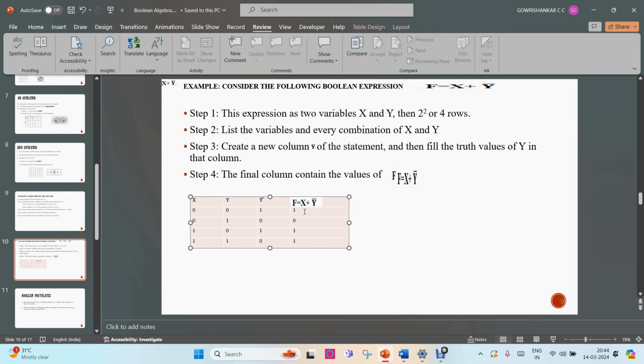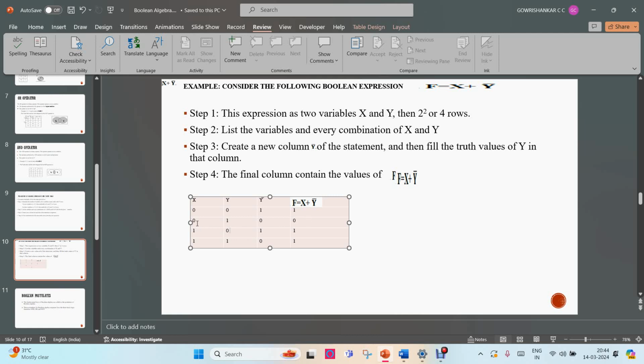Next we go for the final result, x plus y bar. The plus means we need to use the OR operation. Here x is 0 and y bar is 1, so the final result will be 1, because if any one of the operands is 1, it becomes 1.